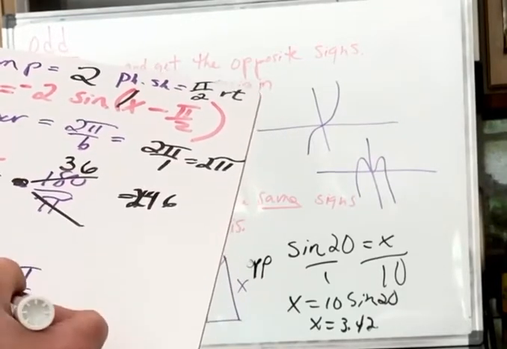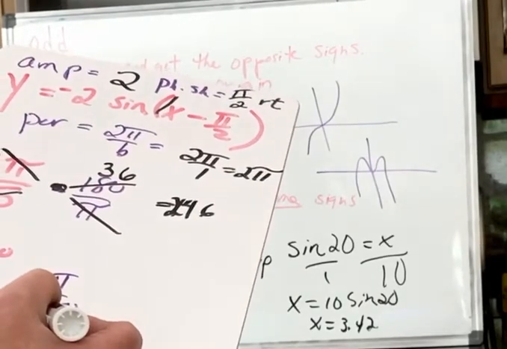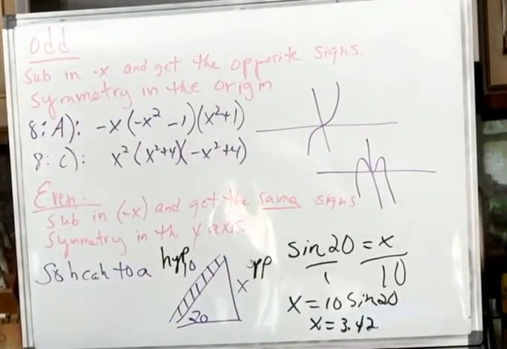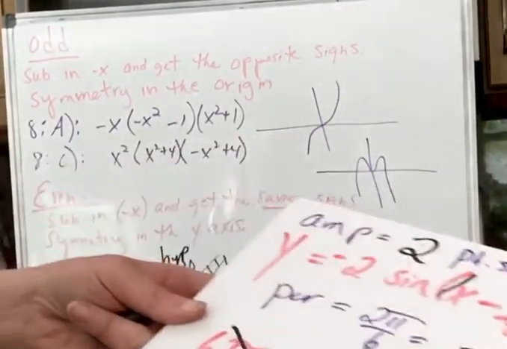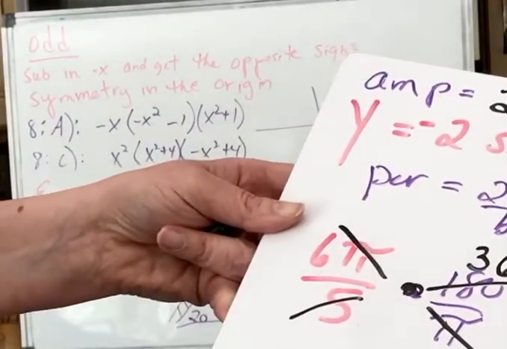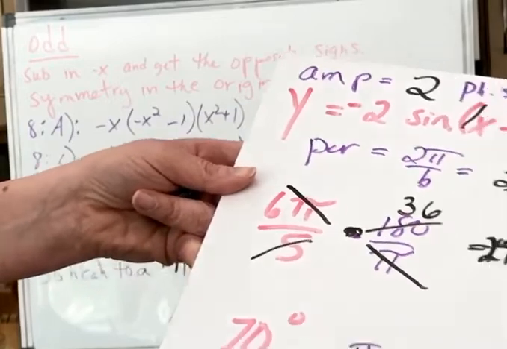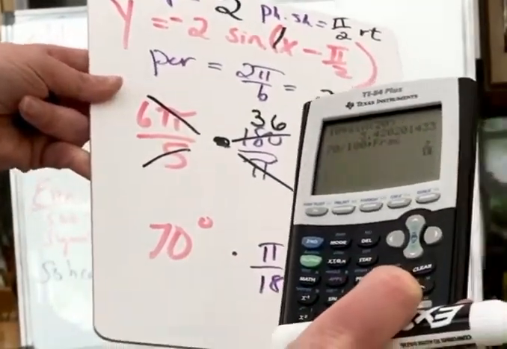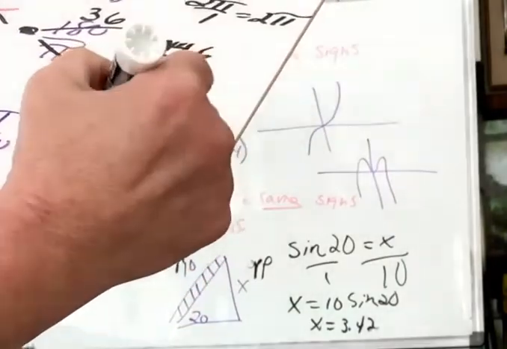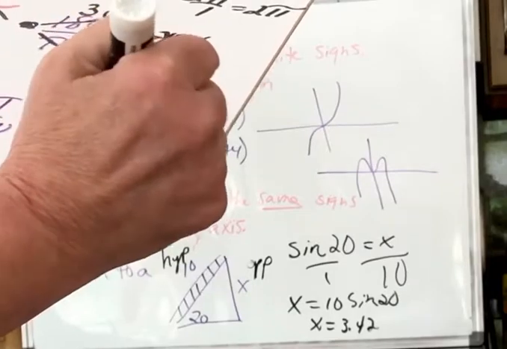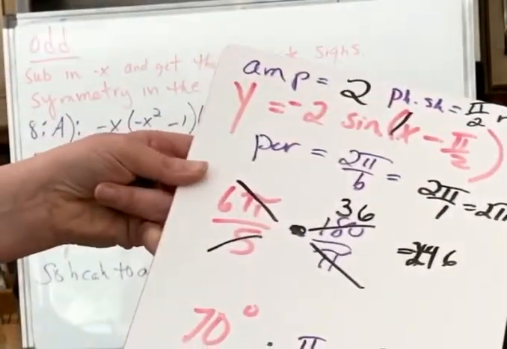To go the other way, 70 times pi over 180. We put 70 over 180. Let's reduce that in our calculator. 70 divided by 180, math, enter, enter. That's 7 over 18, which means I'm going to say 7 pi over 18 radians.